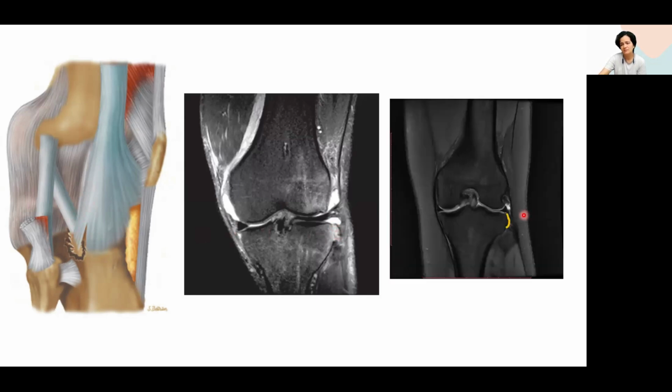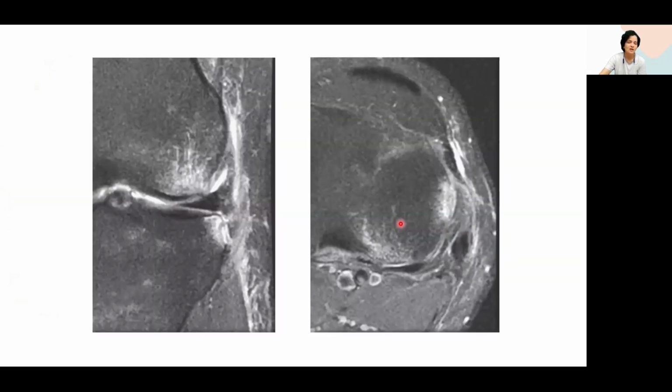Again, this is the anterolateral ligament, which is attaching over the lateral tibia. Here again, we can see a fracture of the lateral tibial aspect, and this is a Segond fracture, which is because of avulsion fracture from the anterolateral ligament. The axial view again shows the same thing.